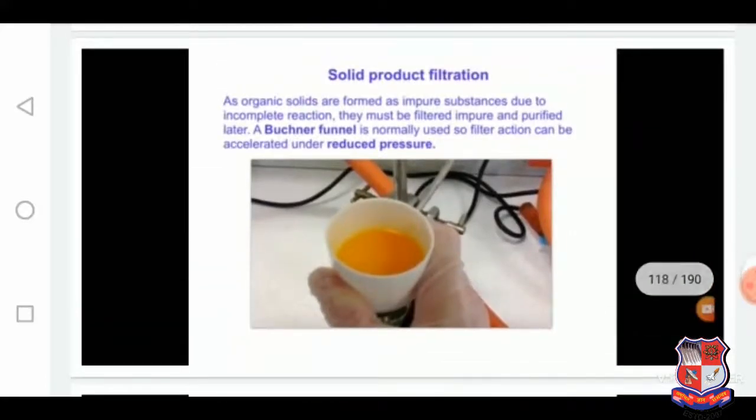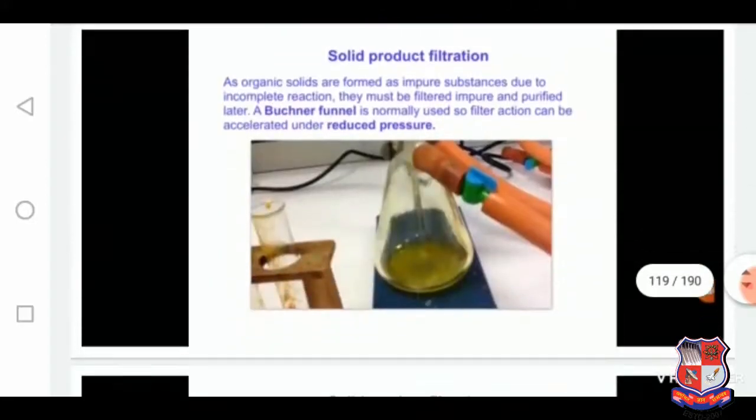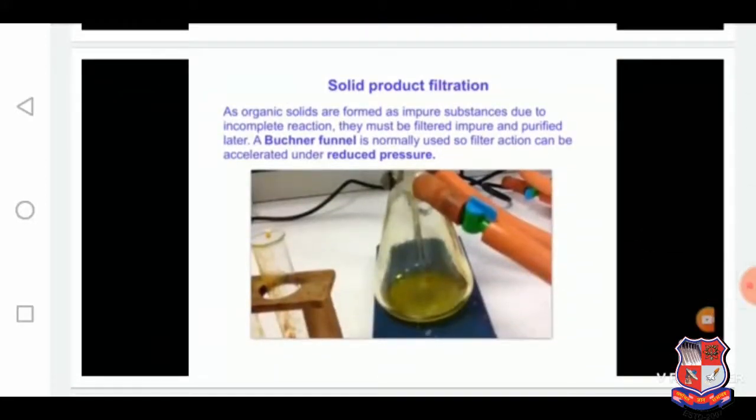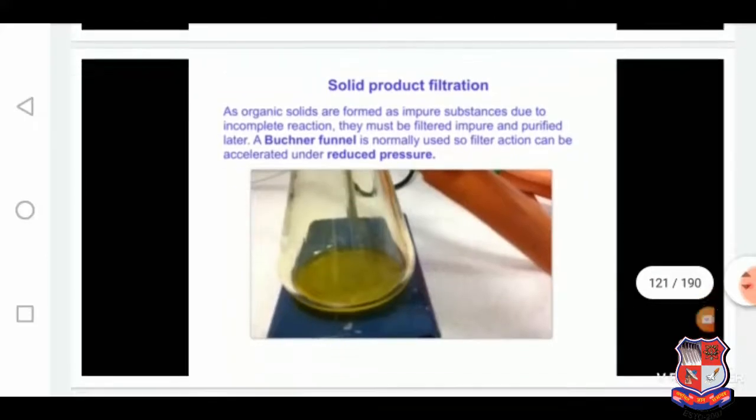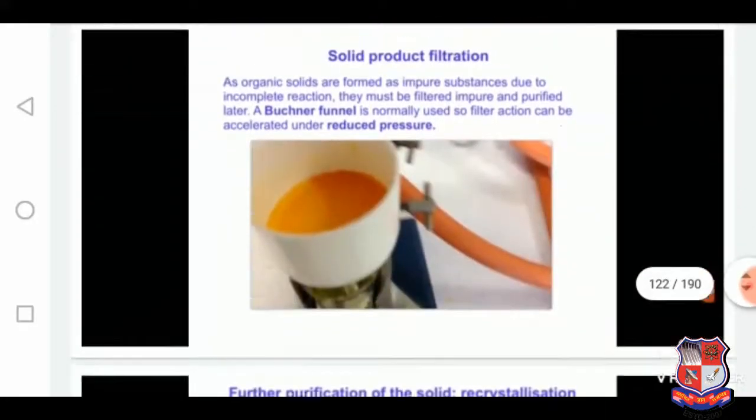This is how the Buchner funnel looks with all the tubing, and on the downside there is a conical flask. From the top of the Buchner funnel we add our product solution, and through the vacuum it will collect in that conical flask.